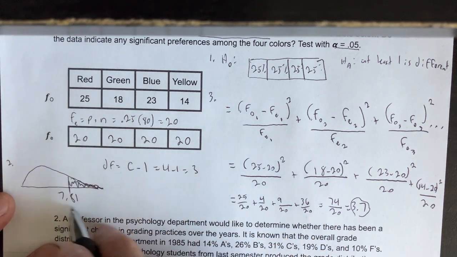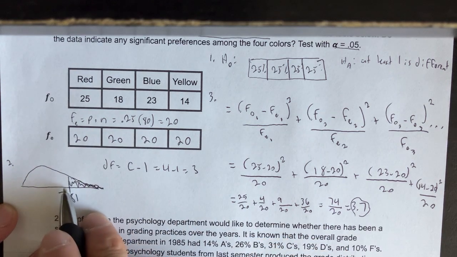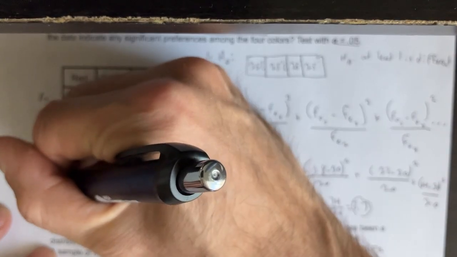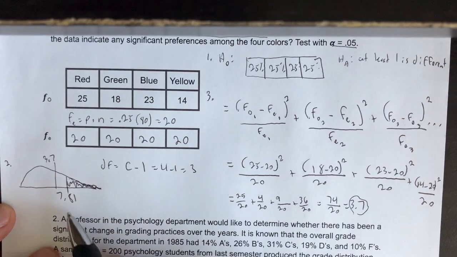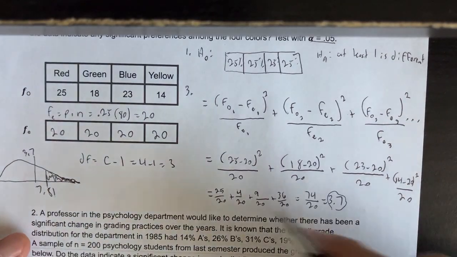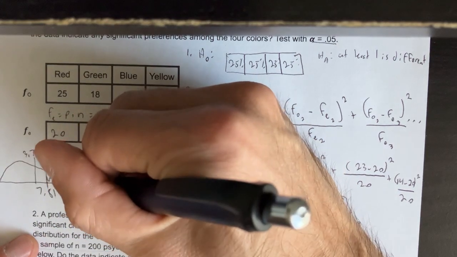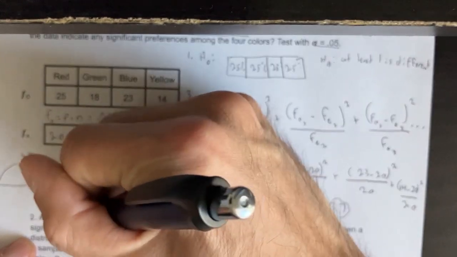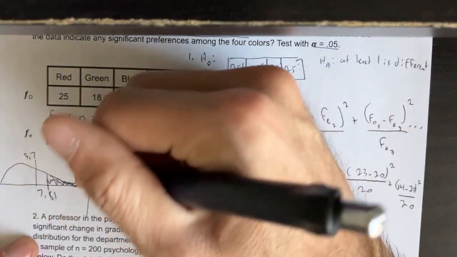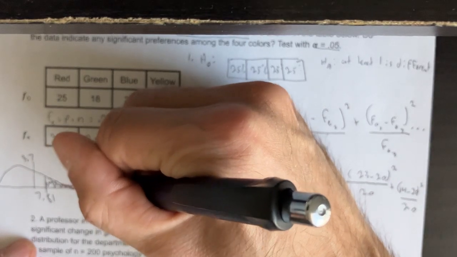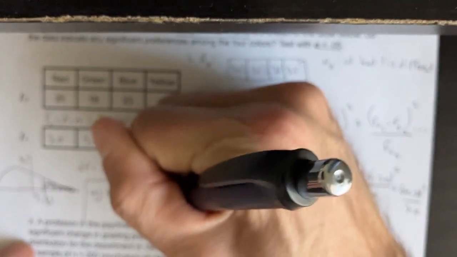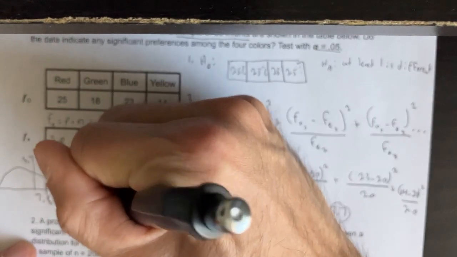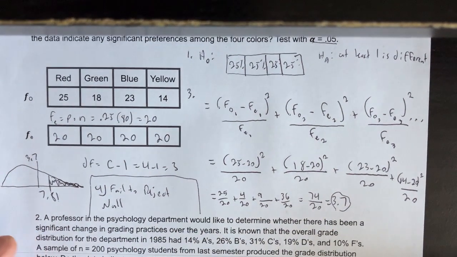We can see here that it doesn't reach our rejection area. We're over here somewhere. That means our final decision is to fail to reject the null hypothesis.